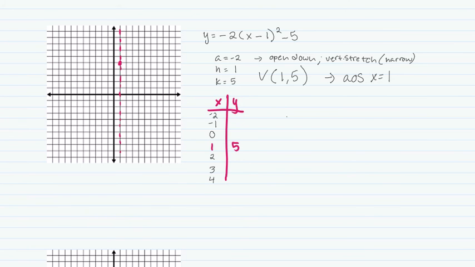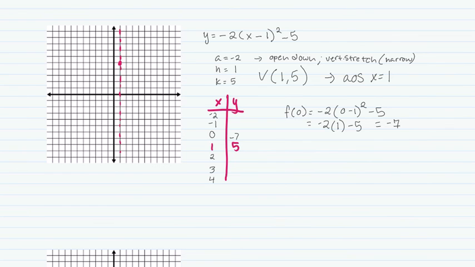So I'm going to do f of 0. I replace x using my substitution property with 0, and I get negative 2 times (0 minus 1) squared minus 5. 0 minus 1 is negative 1, and negative 1 squared is 1, so negative 2 minus 5, which is negative 7. So (0, negative 7).